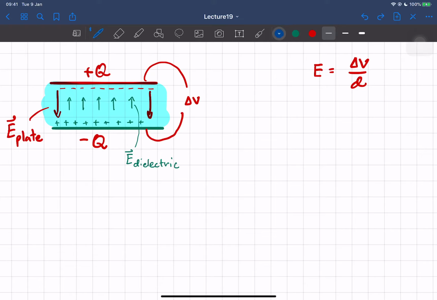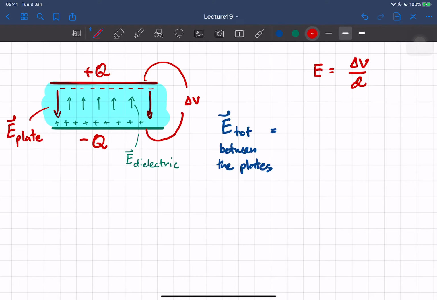So the total electric field inside this capacitor, meaning E total between the plate, you have to add the two together.